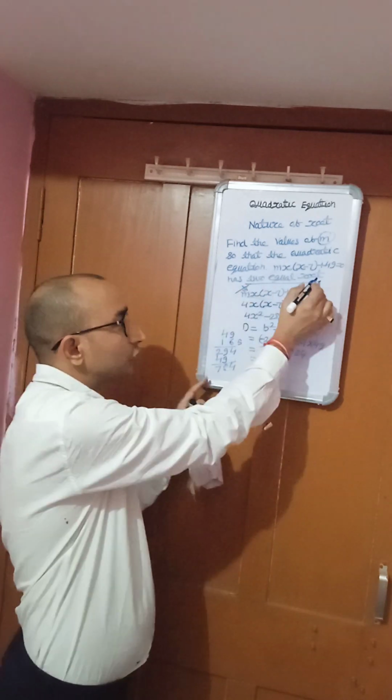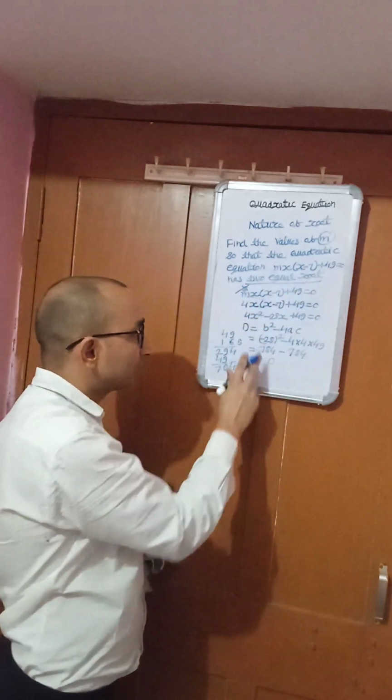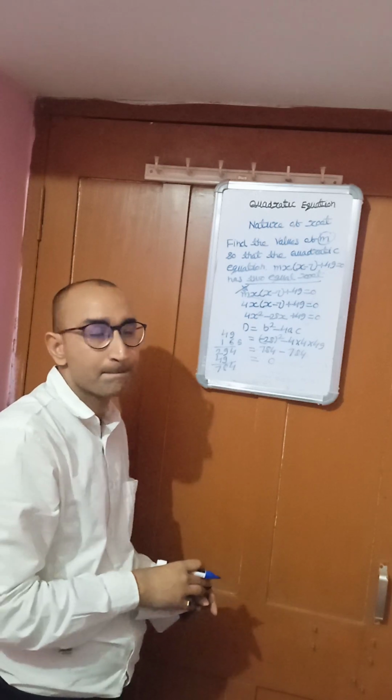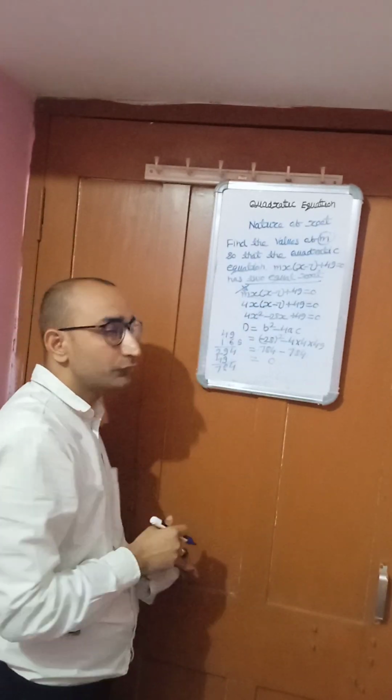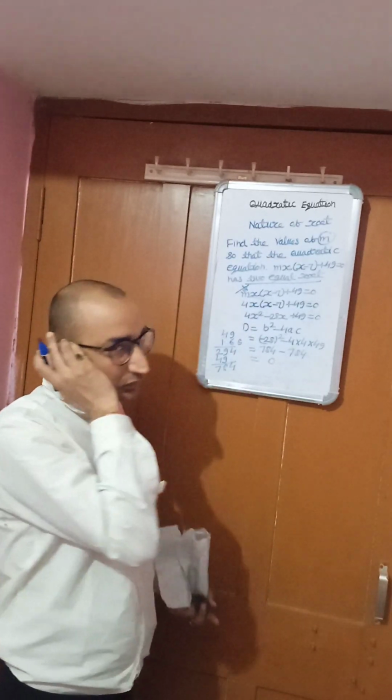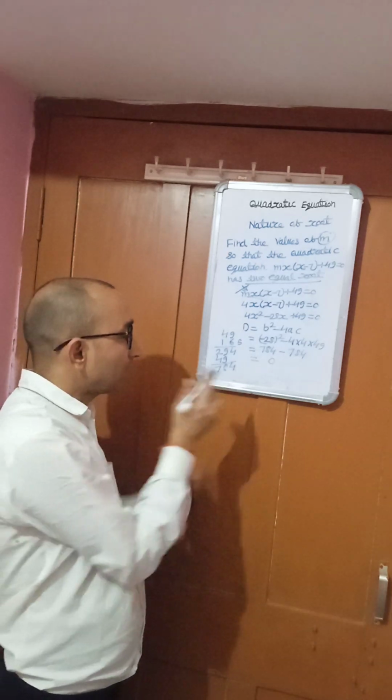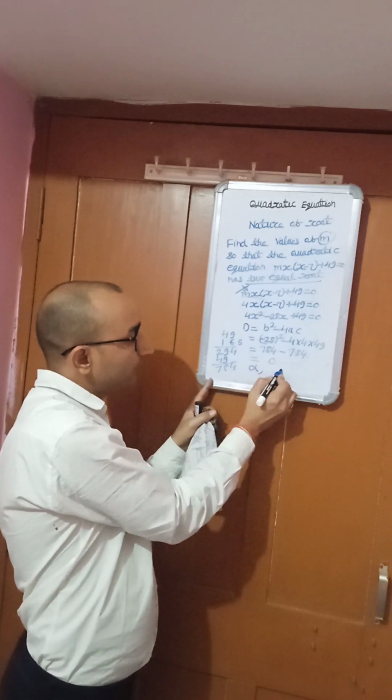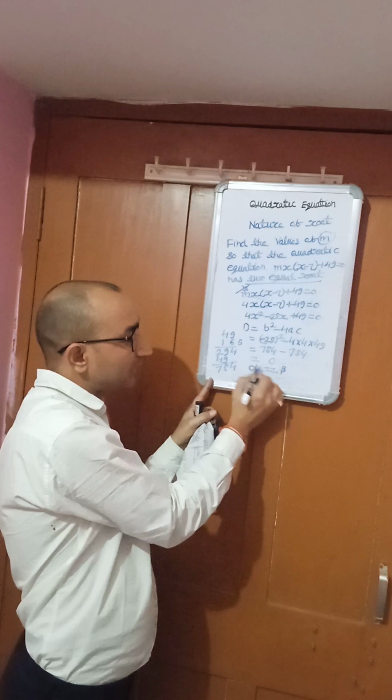Why? For two equal roots, d should be equal to 0. And if we find the roots, then both the roots are equal. If we find alpha and beta, then both alpha and beta are equal here.